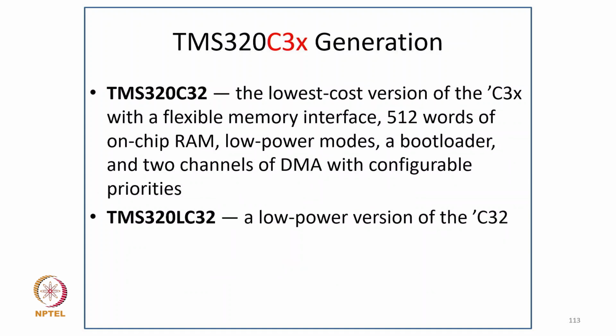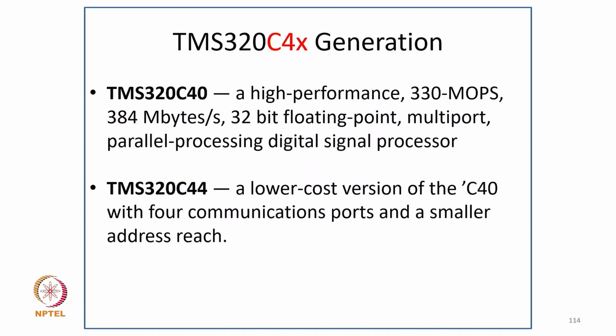Going to the TMS320 3X generation, so TMS320C32 is the lowest cost version of the C3X with a flexible memory interface, 512 words of on-chip RAM, low power modes, a bootloader, and 2 channels of DMA with configurable priority. And TMS320LC32 is a low power version of the C32.